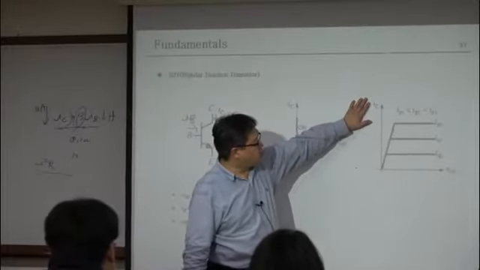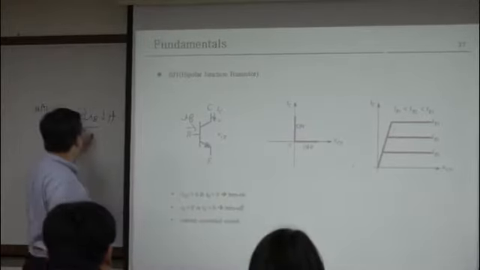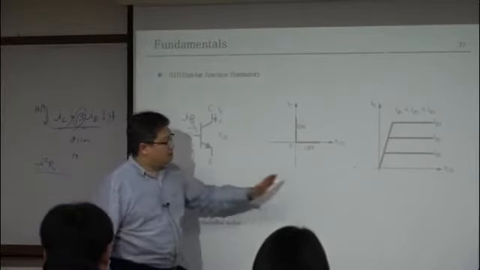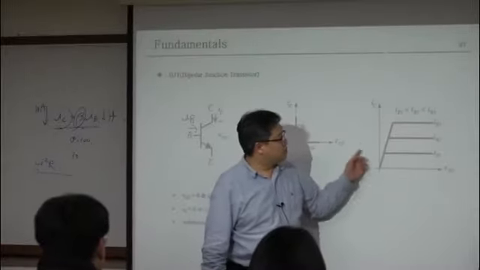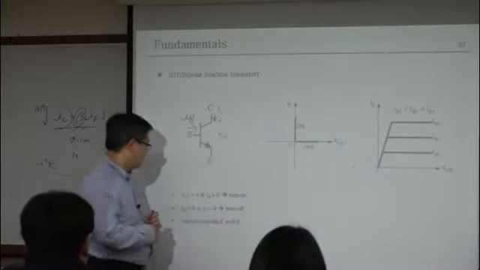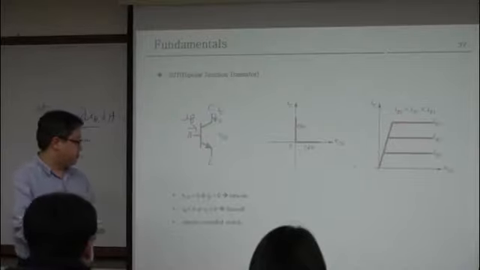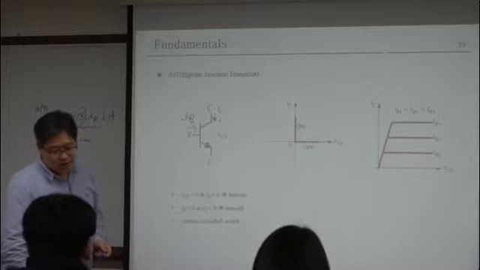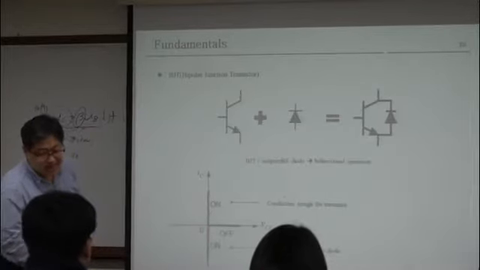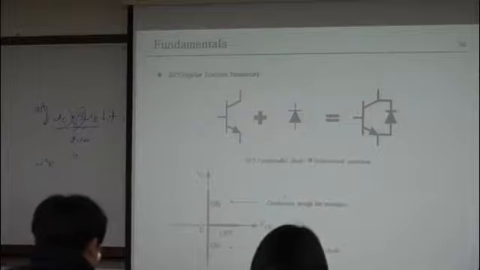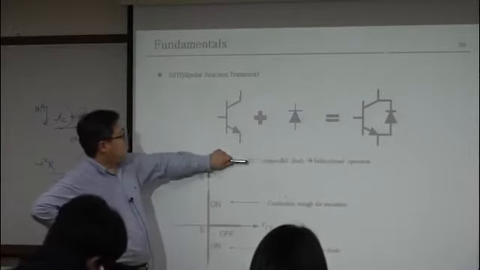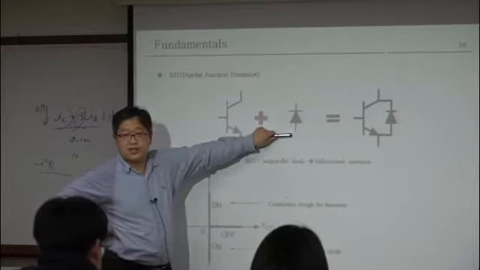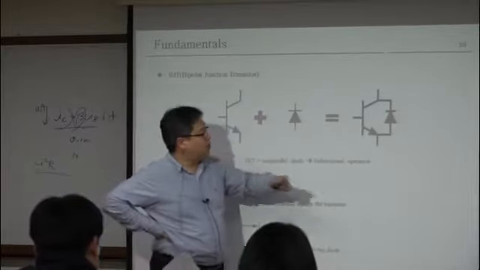Your collector current is proportional to I_B with the beta. So you can draw the characteristic curve like this. This is the current controlled switch, and we don't use it at this time. And your BJT cannot flow the reverse current. So to flow the reverse current, you should have the anti-parallel diode like that. So usually we use the switch pair.